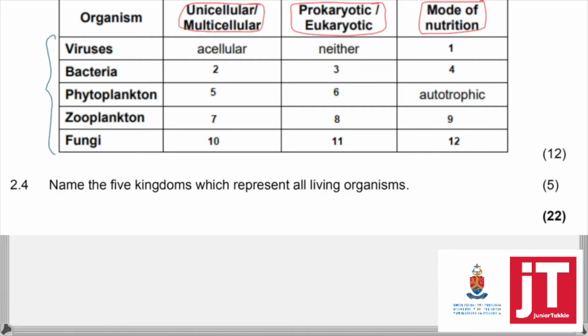So there we're going to be looking at whether they are autotrophic or heterotrophic organisms. So we're diving straight into number 1 and looking at viruses and considering the fact that they are considered non-living organisms. Their mode of nutrition doesn't exist really, so we look at neither as an answer. They are neither autotrophic or heterotrophic, so we can say neither or none.